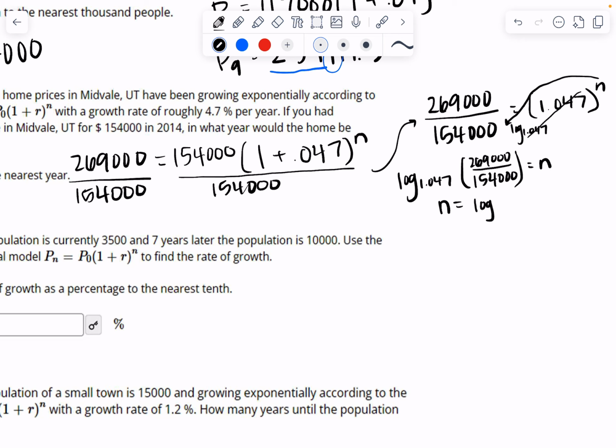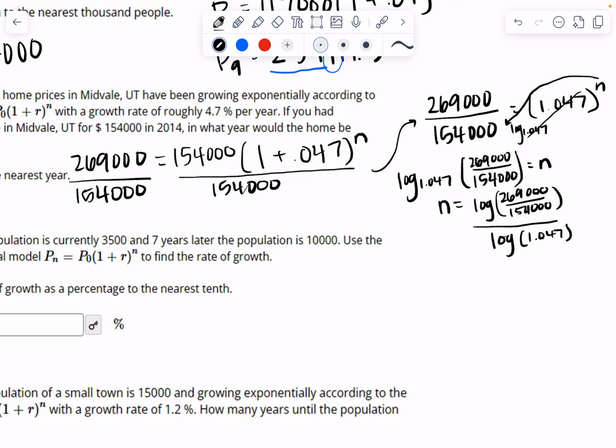So we do log of the big number. That should be in parentheses, over log of the base. And that's because scientific calculators can't change the base.